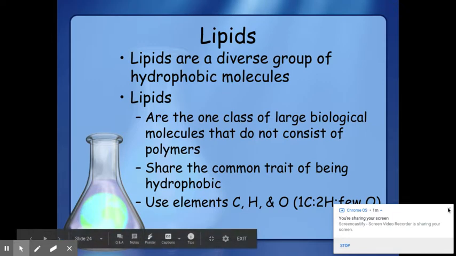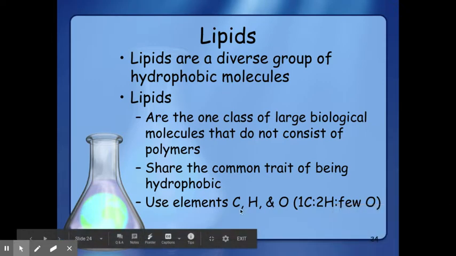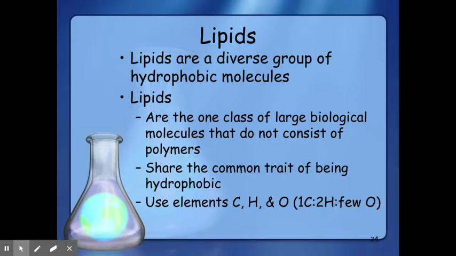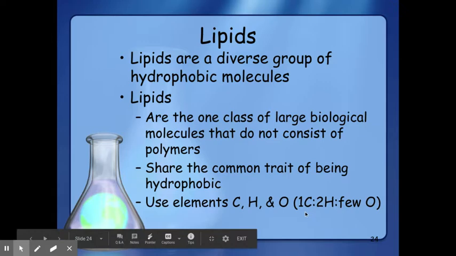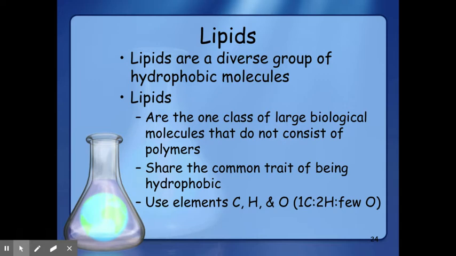One thing about their elements, they do have carbon, hydrogen, and oxygen, the same as what we had for carbohydrates. However, the ratio is very different. They have a lot of carbon and hydrogen and very, very little oxygen. If I gave you a structural formula and asked you to determine what macromolecule this is, when you notice that it only has carbon, hydrogen, and oxygen, you should be able to get it down to carbohydrates and lipids.